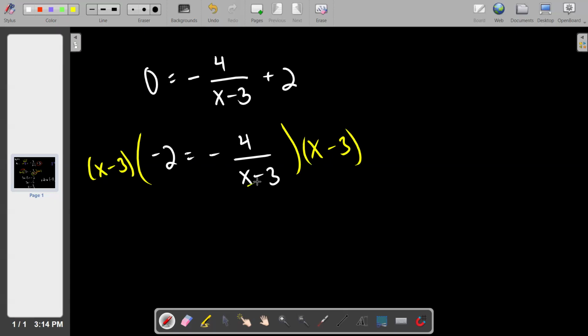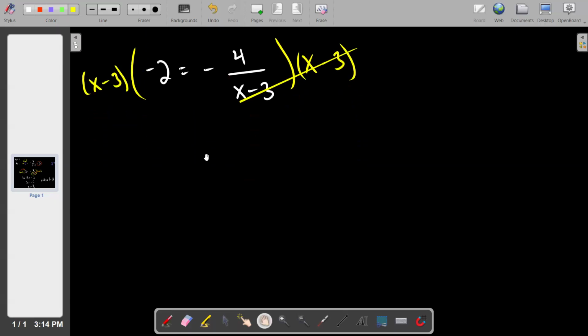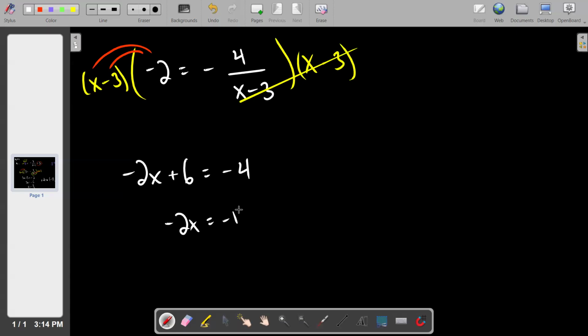It just boils down to some pretty basic algebra at this point. So what do we get over here on the left? Equals. Good. And then you solve. Subtract 6, right? You get negative 2x equals, and then divide by negative 2.